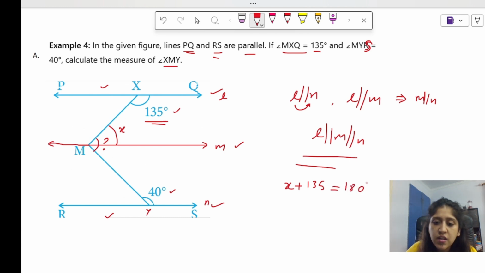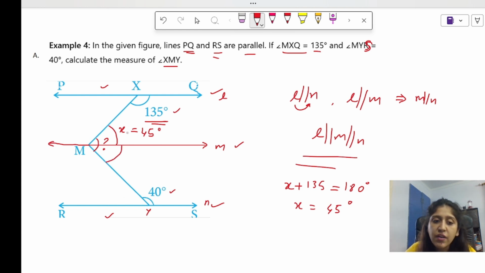Sum उनका, yes, according to that rule. What will we get for x? Whatever we get for x, ठीक है, जो भी हमारे पास x के लिए आएगा. Let me just calculate. So it will be 45. So this angle is 45. I hope the concept is clear. ठीक है, so this angle is 45. Okay. Now let me just see for this angle.